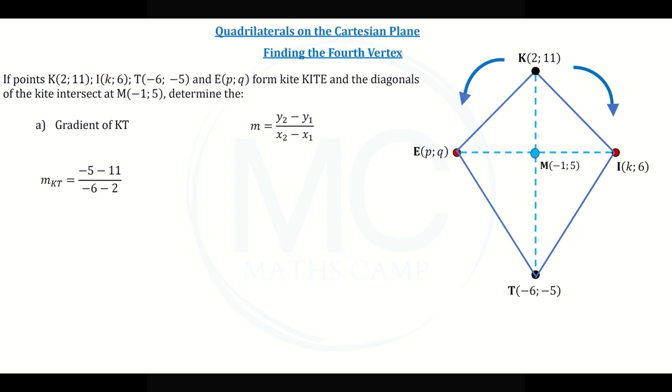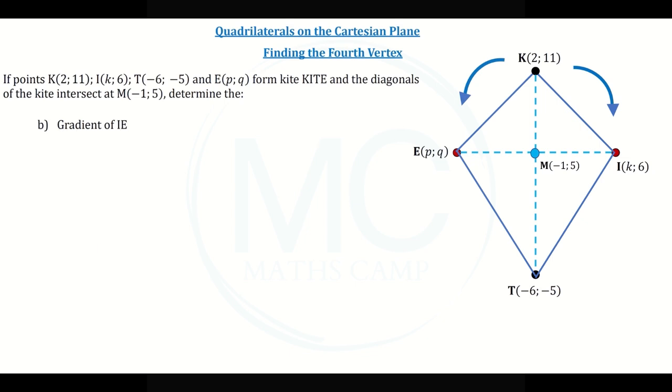Negative 5 minus 11 gives us negative 16, over negative 6 minus 2, which is negative 8. Here the negatives will cancel, and 16 divided by 8 gives us positive 2. And now we can move on to part B.